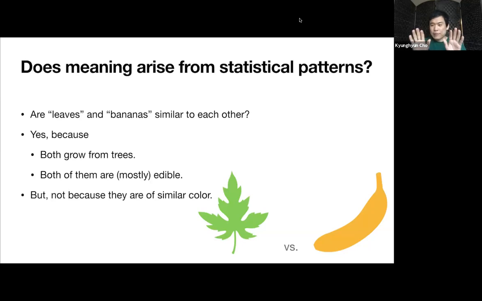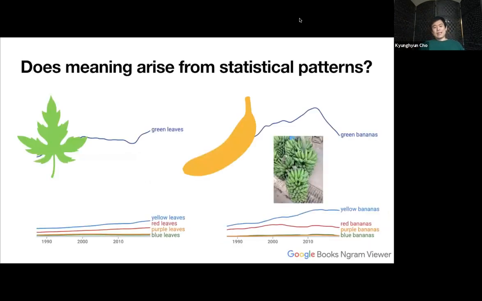That is, the similarity between leaves and bananas has nothing to do with the color or the texture of each of them. We don't say leaves are different from bananas because leaves are largely green and bananas are largely yellow. That doesn't make any sense.